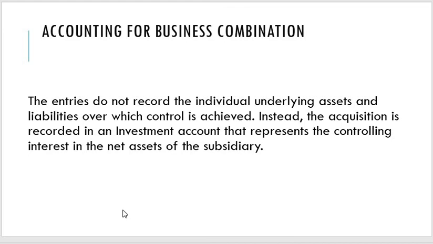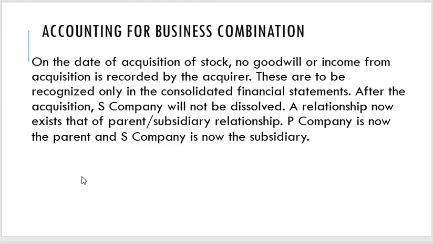That is in a merger. So in stock acquisition, instead, the acquisition is recorded in an investment account that represents the controlling interest in the net assets of the subsidiary. So, on the date of acquisition, no goodwill or income from acquisition is recorded by the acquirer.